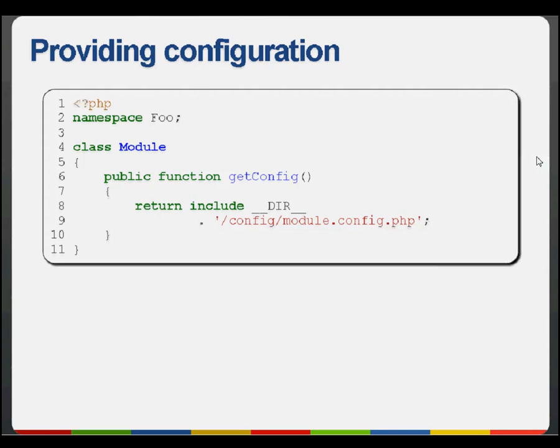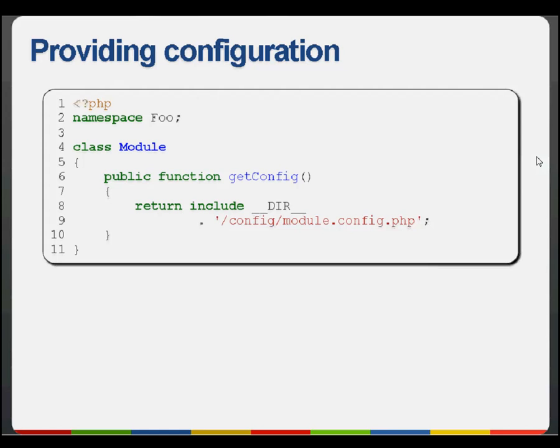The nice part about this is that we can build up a large amount of configuration for a single class out of the configurations from each of the modules. What that usually means is that we can simply include a PHP configuration file directly out of our module, and it's going to get merged in with the rest of it. So you'll see here that our getConfig method is going to simply include a PHP file and return the contents. That actual configuration file just returns an array.